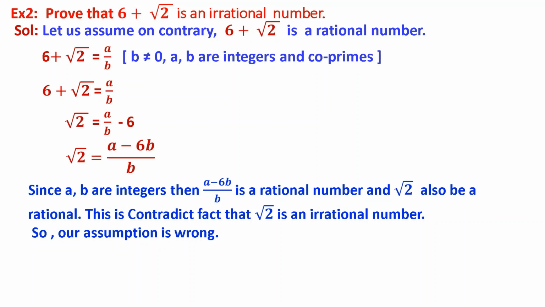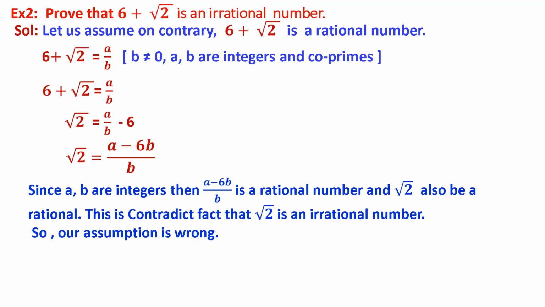Here, since a comma b are integers, the right side, a minus 6b by b, is a rational number, and root 2 would also be rational. Why? Because a minus 6b by b is equal to root 2. It means if a minus 6b by b is rational, then root 2 will be rational.